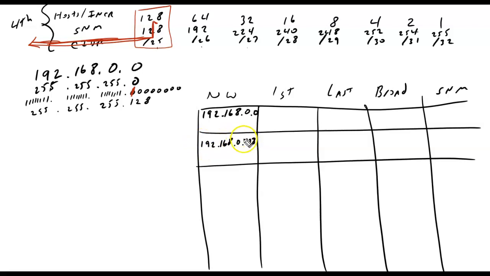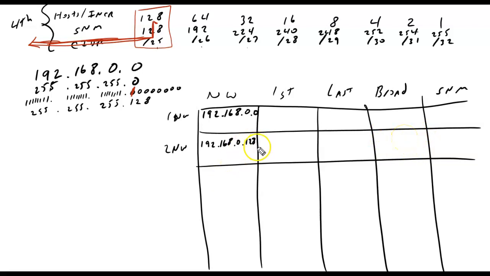That is the second network address. This is the first network address, and this is the second network address. Now, I want to get what both of these networks are, and I can't get any more networks in this. I can only get 2 subnets out of this.